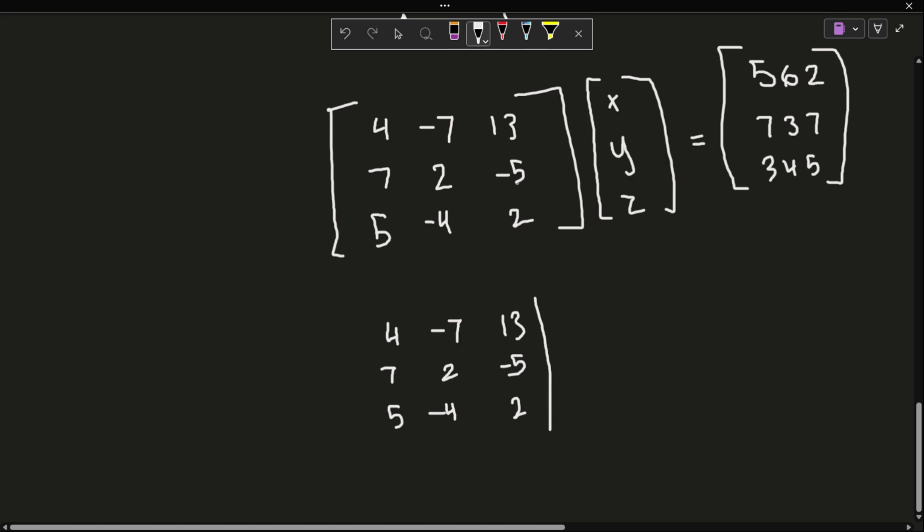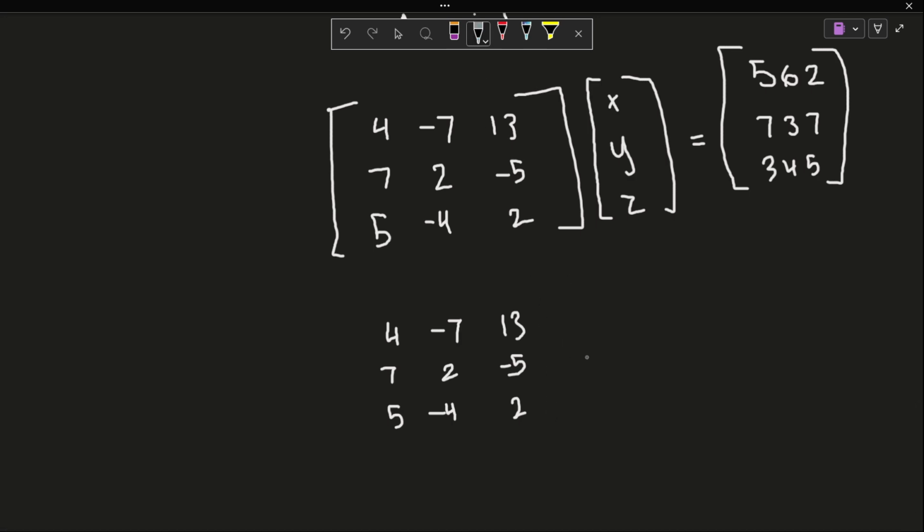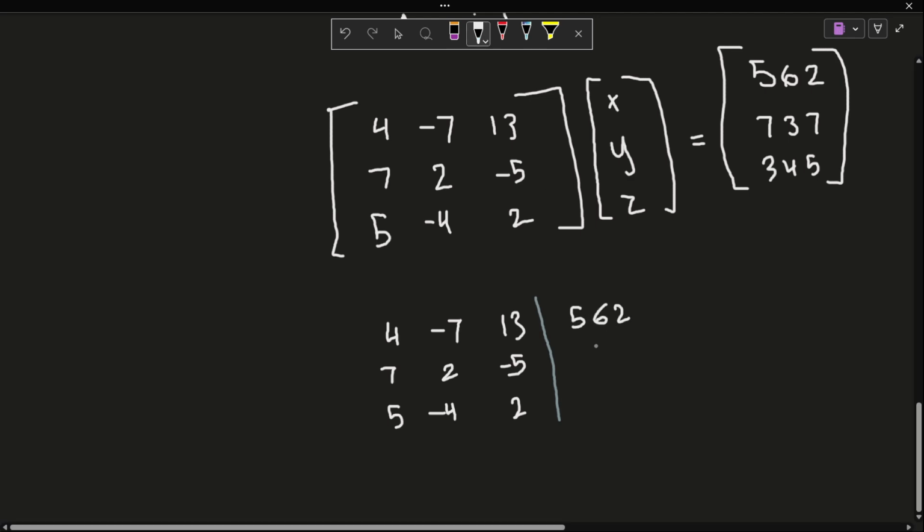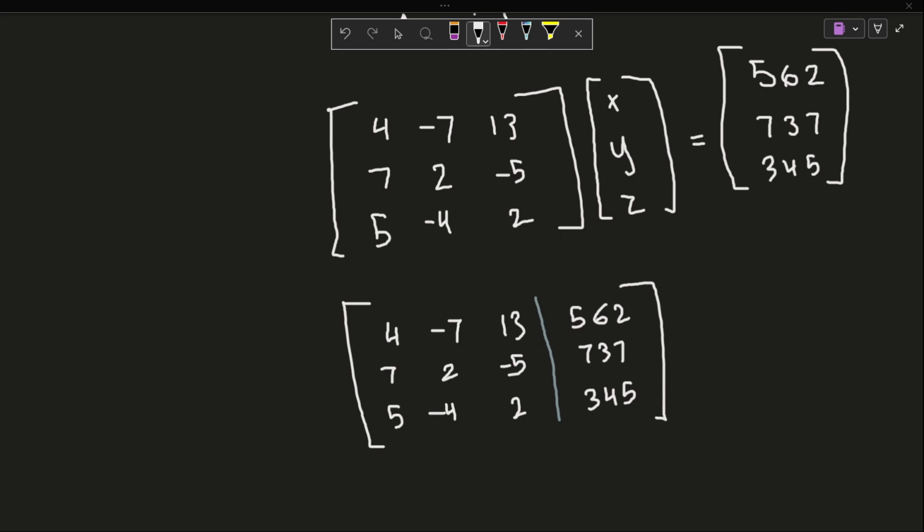Partition here. I'll use gray just to stay similar. Gray, and then 562, 737, 345. And that would be an augmented matrix that basically just represents our solutions.